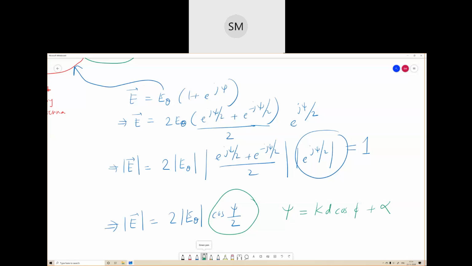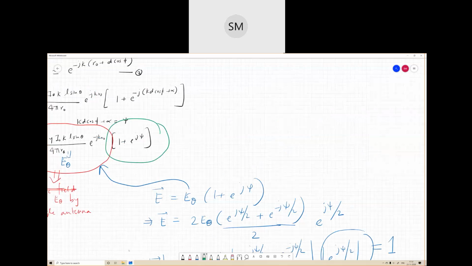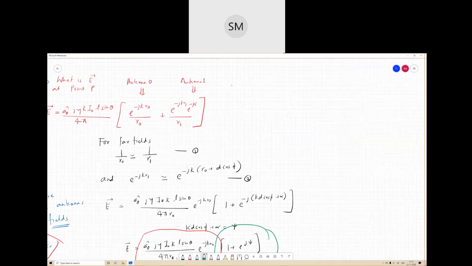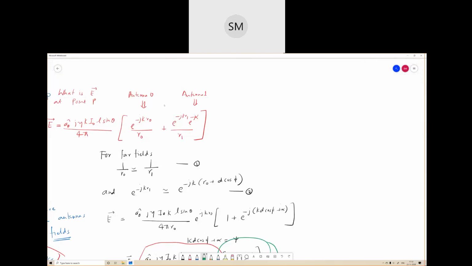This is coming because of the array, right? If we had only one antenna, this term would not have been there. Assume that this antenna 2 was not there, then we will simply have the red part and not the green part. If we only had antenna 0, we would only have the red part and not the green part. Do you agree with this?